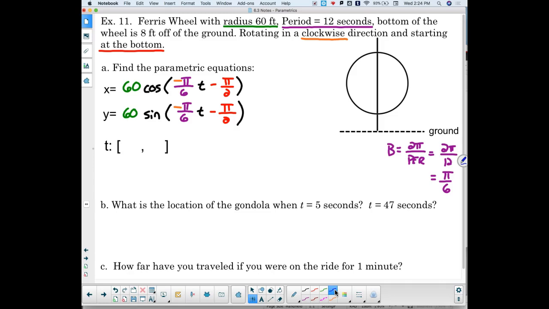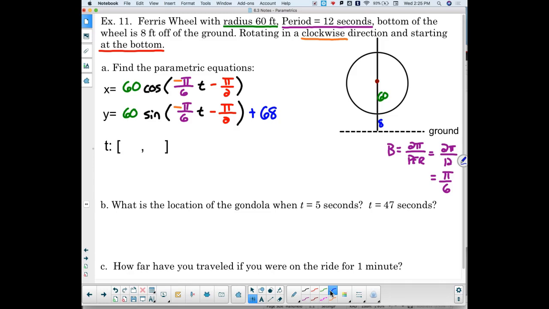Why not? Plus 68, because it's 8 feet off the ground, and then there's a whole nother 60 before we get to the center. So really I got to add here on the y part, I got to add 68. Okay? So that's the two equations.